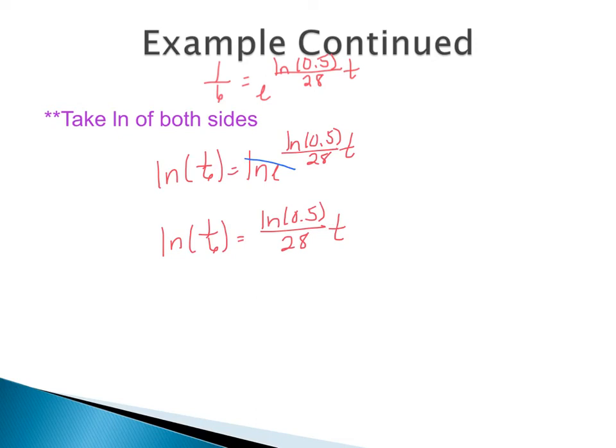At this point, we need to continue to solve for t. So on the right-hand side, I have a fraction times t. Remember, in order to get rid of a fraction that's being multiplied, you can multiply both sides by the reciprocal. So that's what I'm going to end up doing here, I'm going to multiply both sides by 28 over the natural log of 0.5.